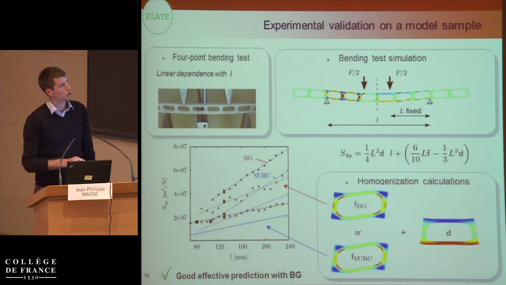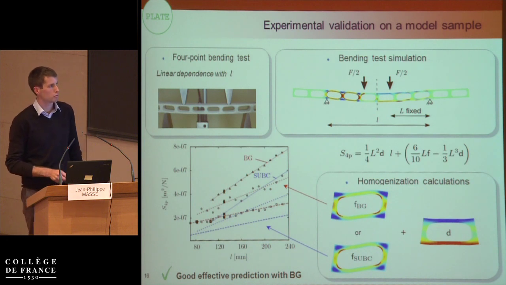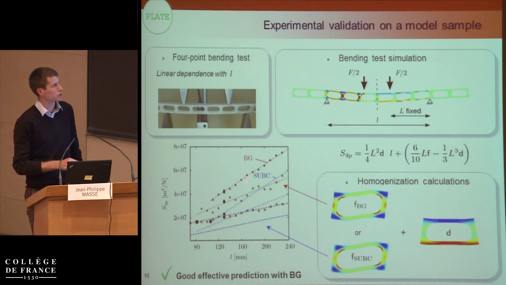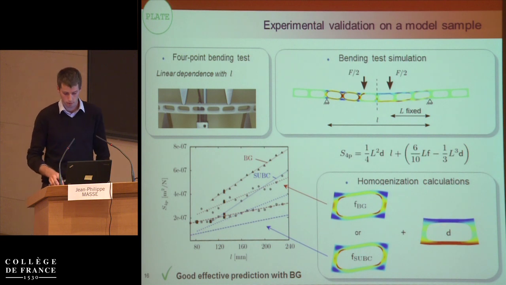The points are simulation on the sample, on the complete architecture panel. We see some oscillation due to the position of the indenters with respect to the architecture. And the lines are the computation on the unit cell with the two calculations I presented: uniform static boundary condition and bending gradient. We can show that it validates this homogenization calculation with bending gradients. That works pretty well.